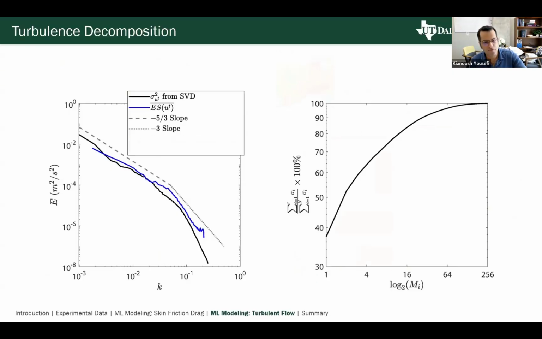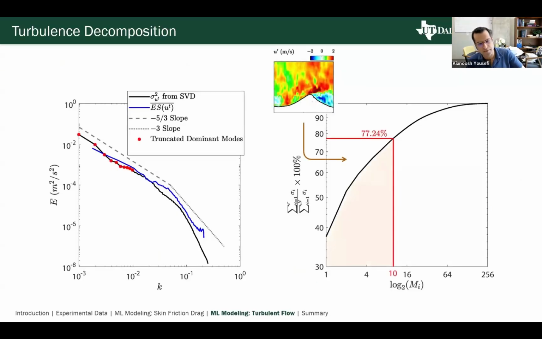For doing that, we use SVD, the singular value decomposition technique. For each instantaneous PIV image, we decompose it with the orthogonal modes that we get out of the SVD, and we define the first 10 modes as larger scale, or let's call it coherent turbulence, or dominant turbulence, maybe it's better to call it.